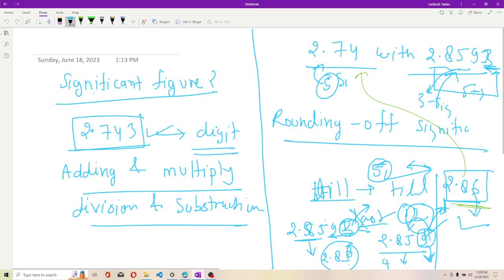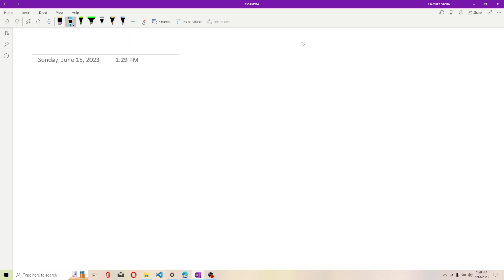Now there is a specific rule. If the digit is greater than 5, then you have to increment the preceding digit by one. If the last digit is less than 5, then there is no increment in the preceding digit. Now suppose the last digit is equal to 5, then what would you do?